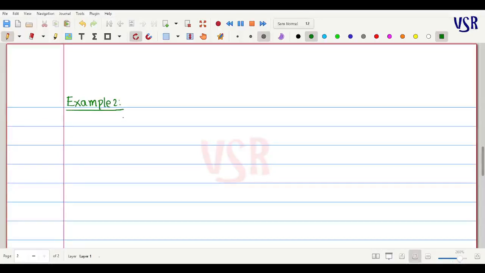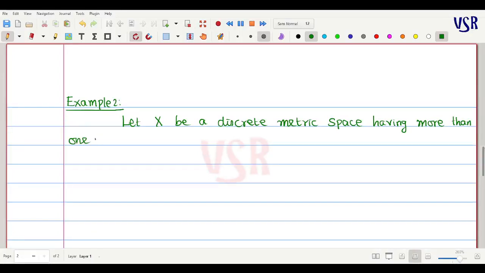Every discrete metric space, let X be a discrete metric space having more than 1 point. அதாவது X-ல அட்லீஸ்ட் 2 பாயிண்டாவது இருக்கணும். புரியுதா? இதுல more than 1 point அப்படின்னா, that is X must have at least 2 points.